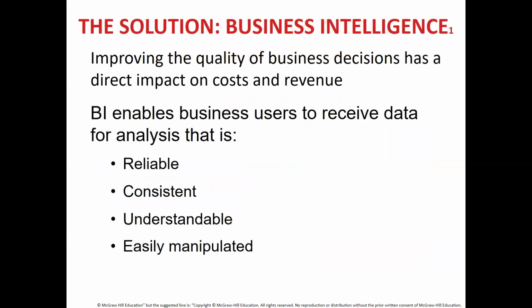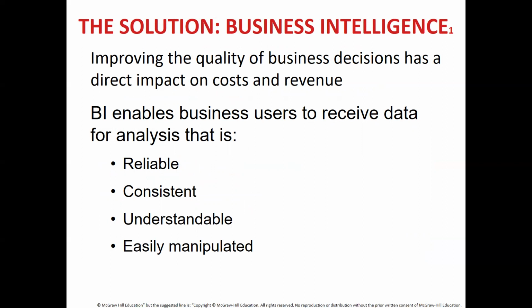The solution: business intelligence. Improving the quality of business decisions has a direct impact on costs and revenue. Business intelligence enables business users to receive data for analysis that is reliable, consistent, understandable, and easily manipulated.